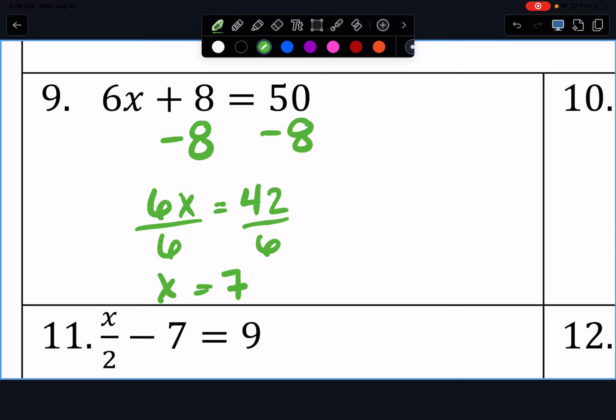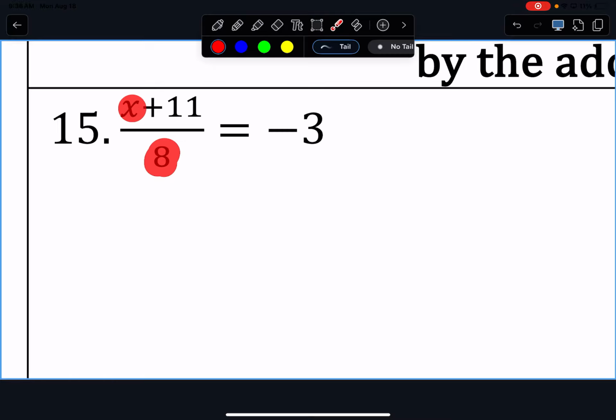But sometimes, like on the next section, it will be like this, okay? When I look at this, what all is being divided by 8? X plus 11, right? The whole thing is. So before I can deal with that plus 11, what do I need to get rid of first?